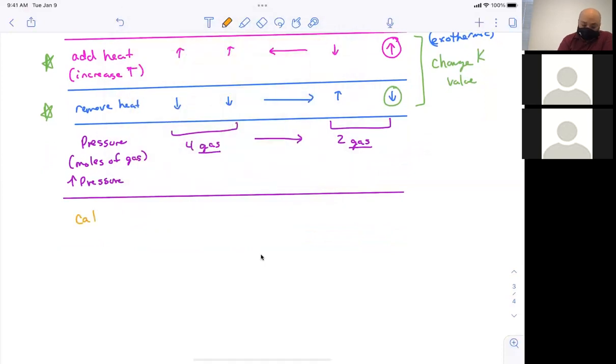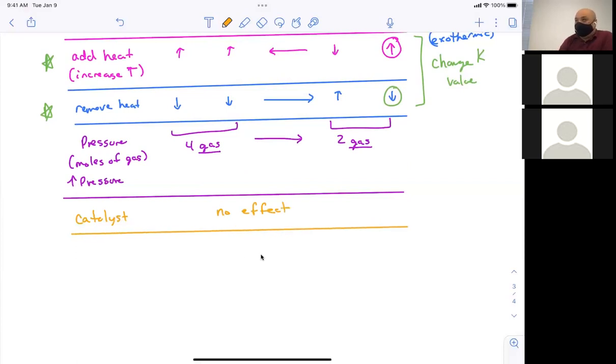Last factor, okay, catalyst: no effect. Remember, a catalyst speeds up the rate of reaction in the forward and reverse directions, but does not affect the position. So nothing's going to change about the K, and nothing's going to change about the quantities of products and reactants, because a catalyst just makes you reach equilibrium faster. It doesn't actually do anything to that.